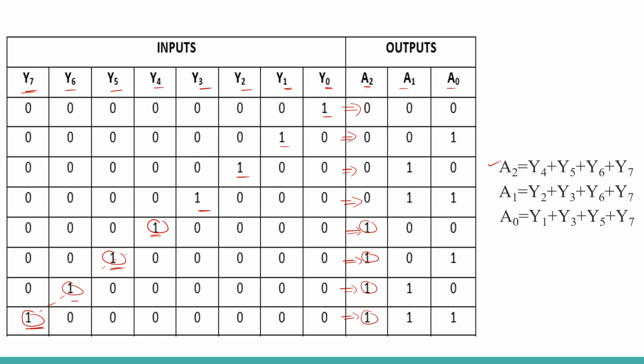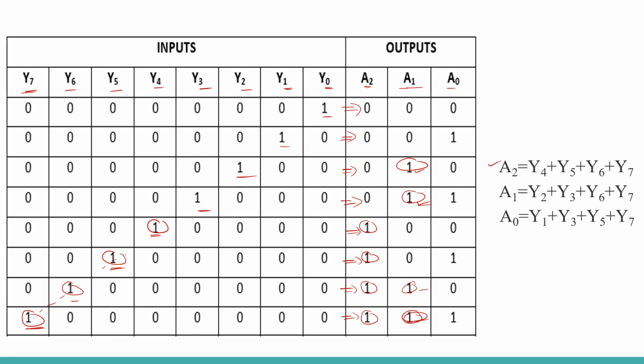Next, in the same manner, A1 is active high for, it's a small mistake, A1 is active high for not 3, 4, but for 2, 3, 6, 7.